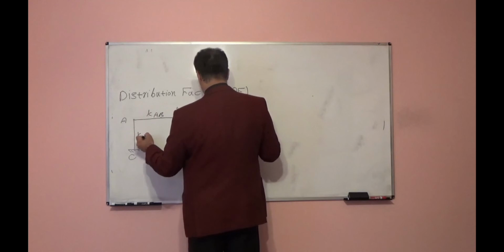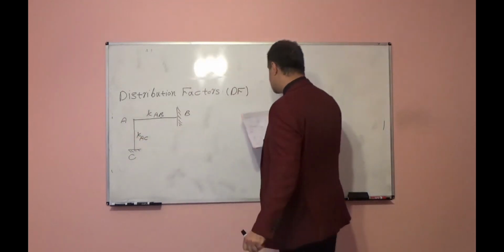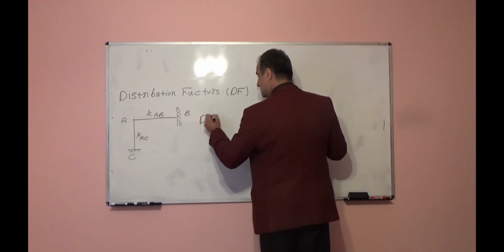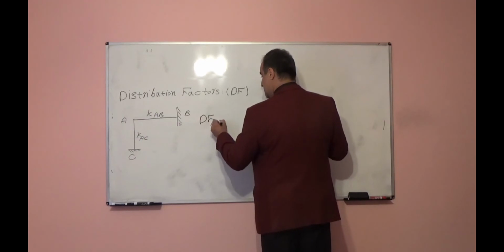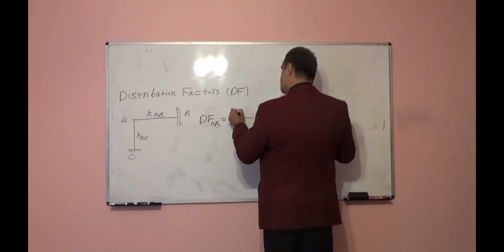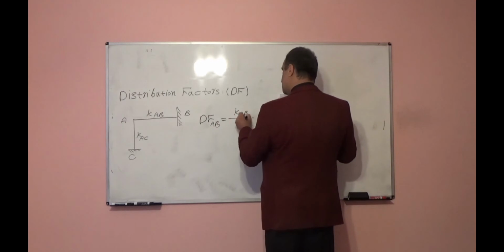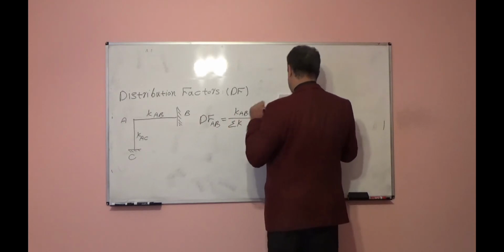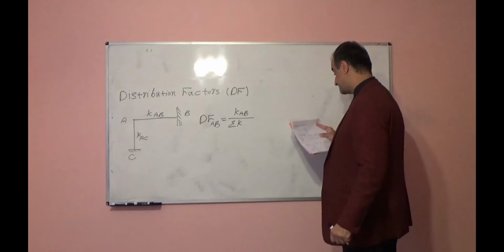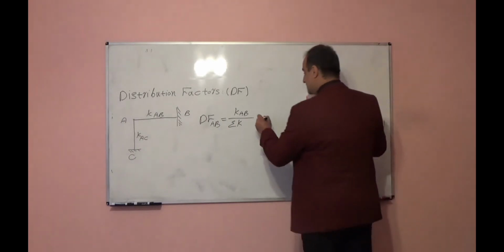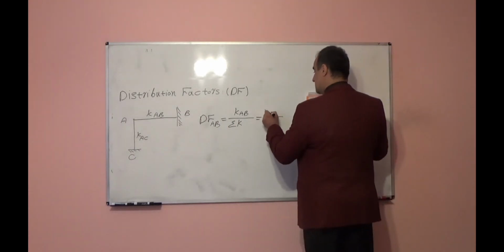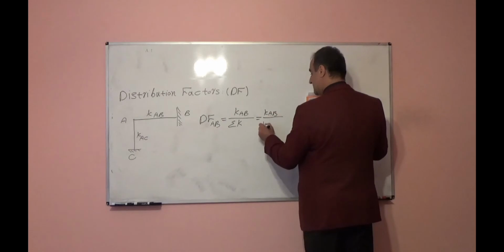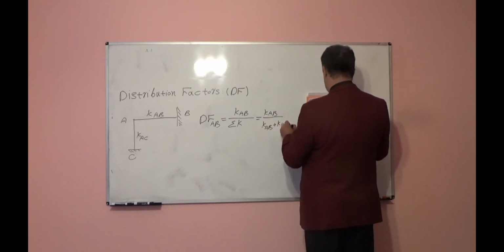The stiffness for the other member is KAC. The distribution factor for AB will be equal to KAB divided by the summation of stiffness, that means KAB divided by KAB plus KAC.